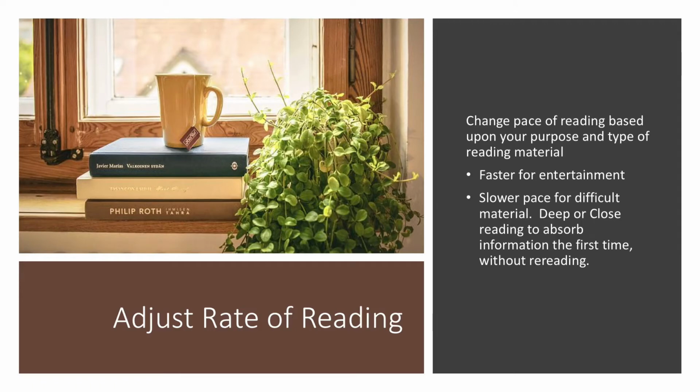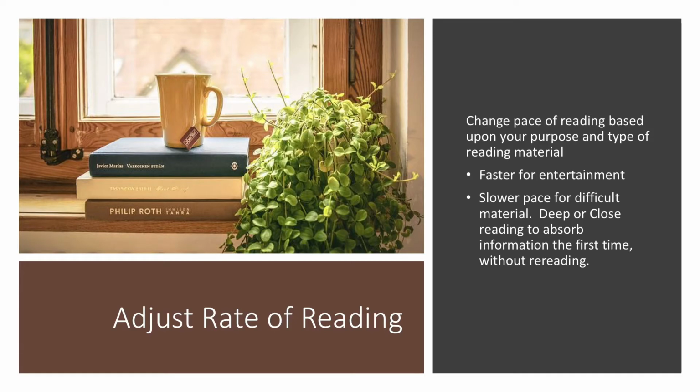So the first one is adjust your rate of reading. You don't read everything at the same speed. So you change your pace of reading based upon your purpose and type of reading material. If it's something very easy, or let's think about a magazine, right? And you're just reading it for entertainment, you just go pretty fast.